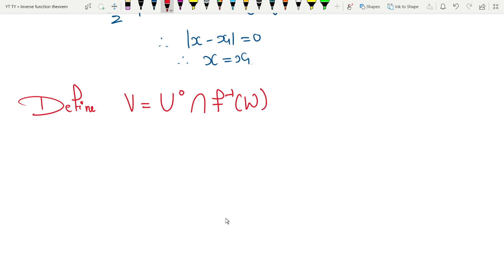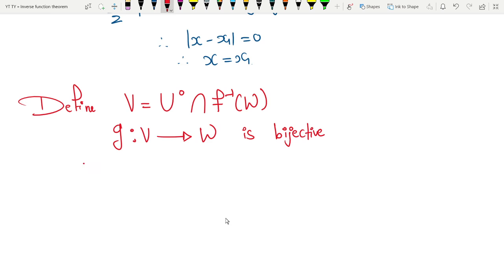This makes sure that my function G from V to W is bijective, because it is onto for sure, and since every point has a unique image, it is one-to-one as well. Hence G from V to W is a bijective function.